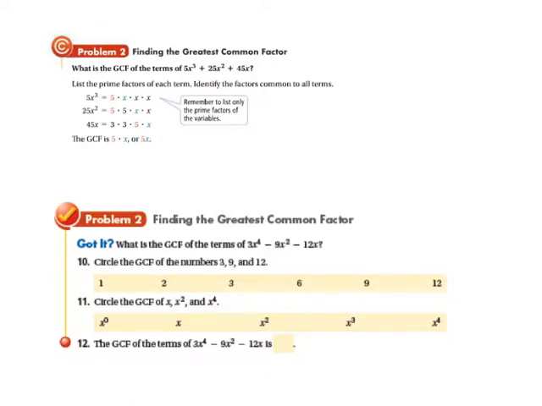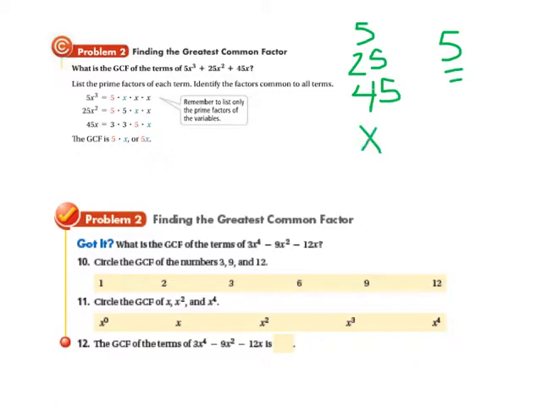For problem 2, our book suggests that in order to find the greatest common factor, we should list the prime factors of each term. You are welcome to do it that way, but I find an easier way is just to consider the constants and then consider the variables. So if I look at the constants of 5, 25, and 45, I know the biggest number that they could all be divided by equally is 5.